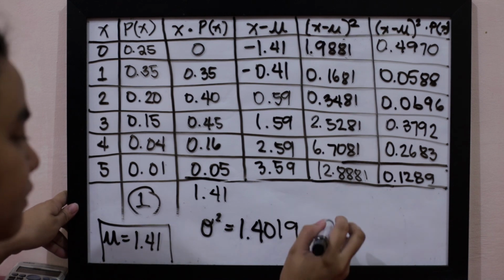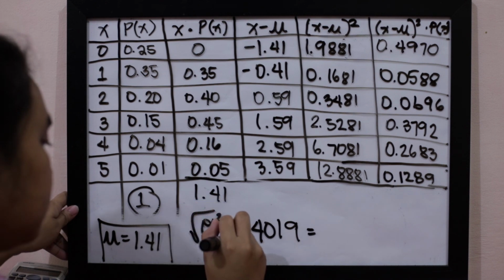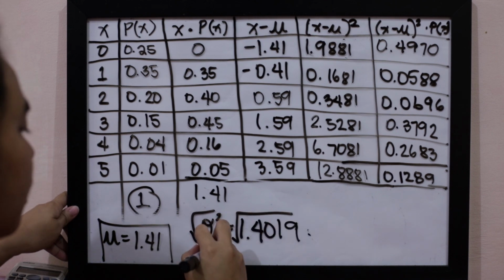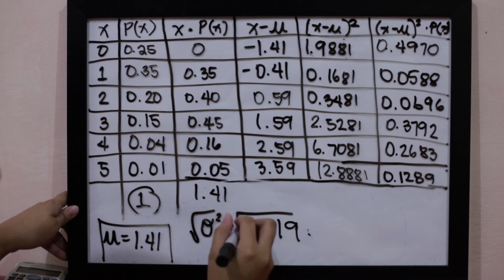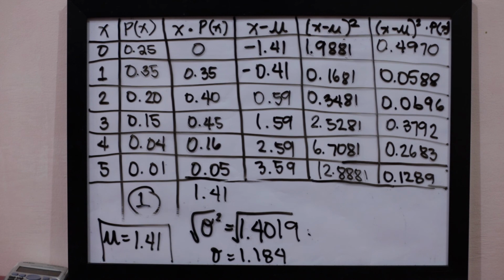And getting the standard deviation, all you have to do is square root this one. So, we will have the value of the standard deviation as approximately 1.184. So, that's how we're going to identify the mean and the standard deviation or the variance also for a given problem under probability.